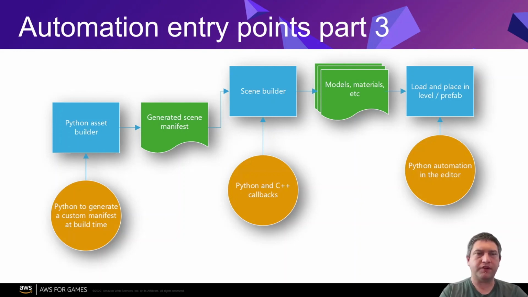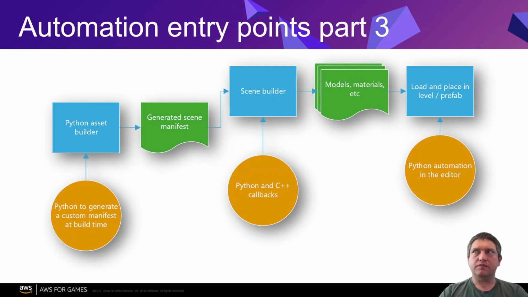So this is a good place for technical artists who might already have an idea of how they want that content to be processed to write a custom builder or a custom scene manifest from this builder. Then the scene builder itself has those C++ and Python callbacks I covered earlier. So depending on how things are set up in the process, this might make the most sense for your team, especially if you have engineers who want to work in C++.